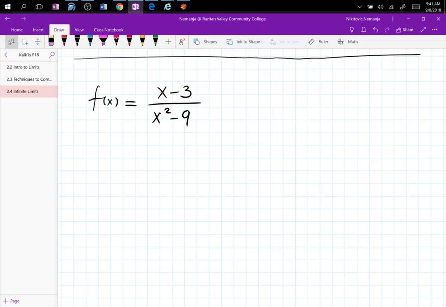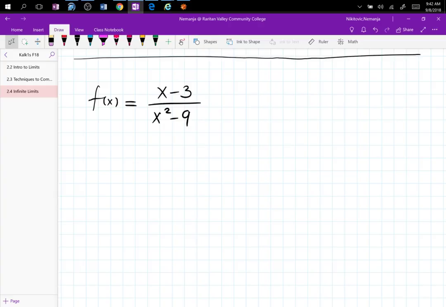What was the way to find vertical asymptotes in pre-calculus? Does anyone remember?